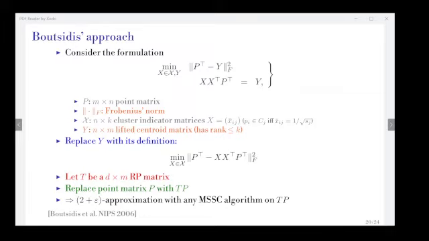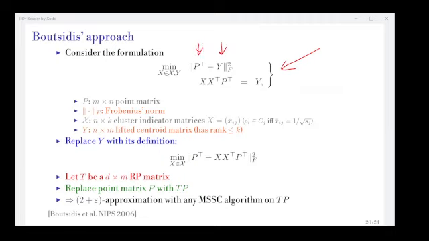In fact, there's another paper, Boutsidis and other people, a paper that came out at NIPS 2006 that considers a different formulation of the MSSC and applies random projections to it. You can see here the minimization of the data matrix minus the centroid matrix.